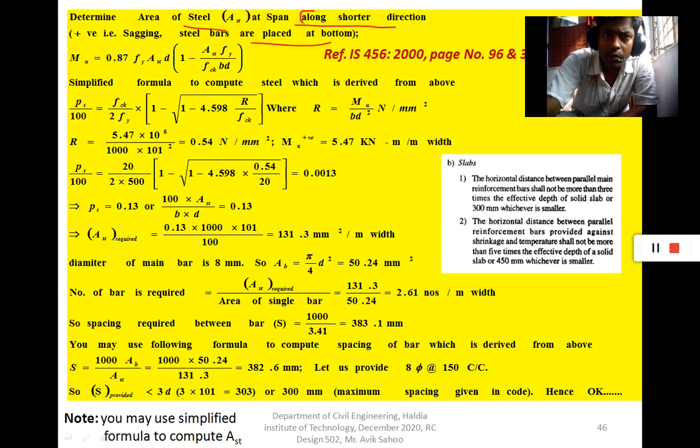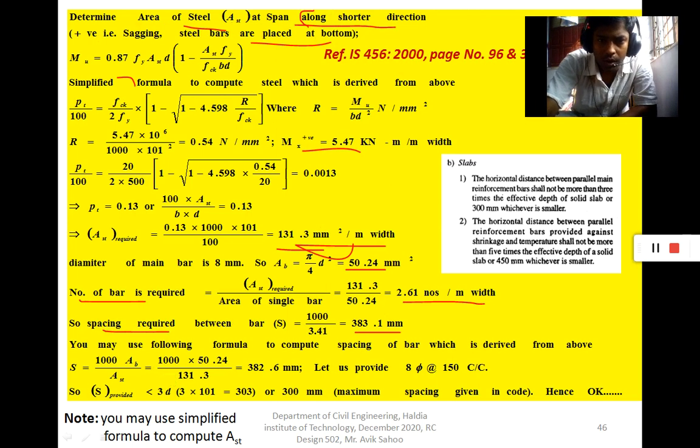Using that formula we get the value 5.47, the required steel 131.3 millimeter square per meter width, area of bar 50.24, number of bars required 2.61 per meter width. So spacing per meter, how much?